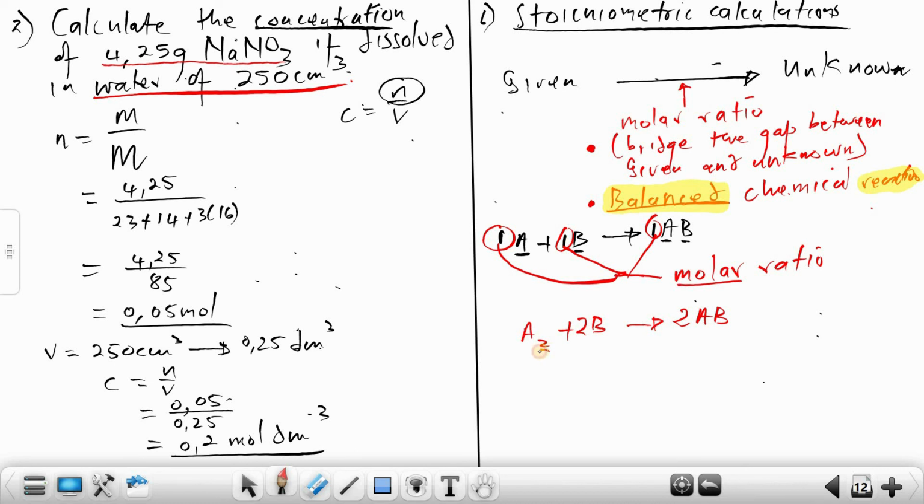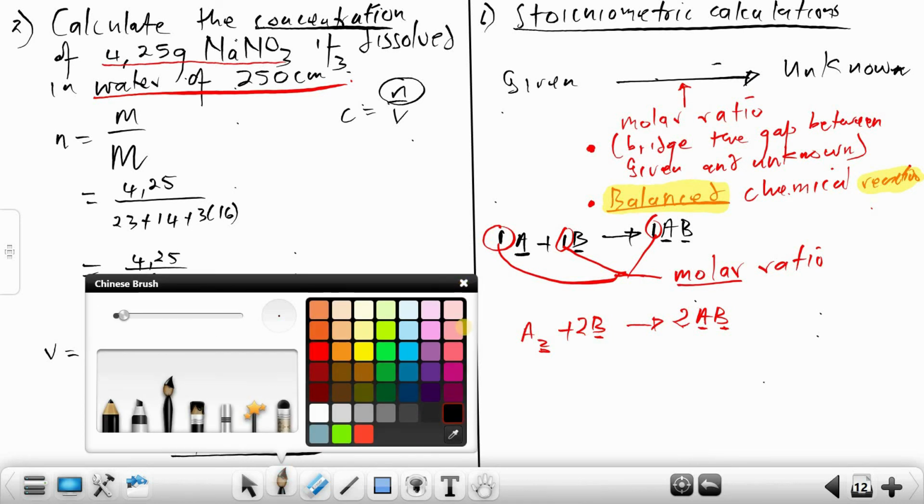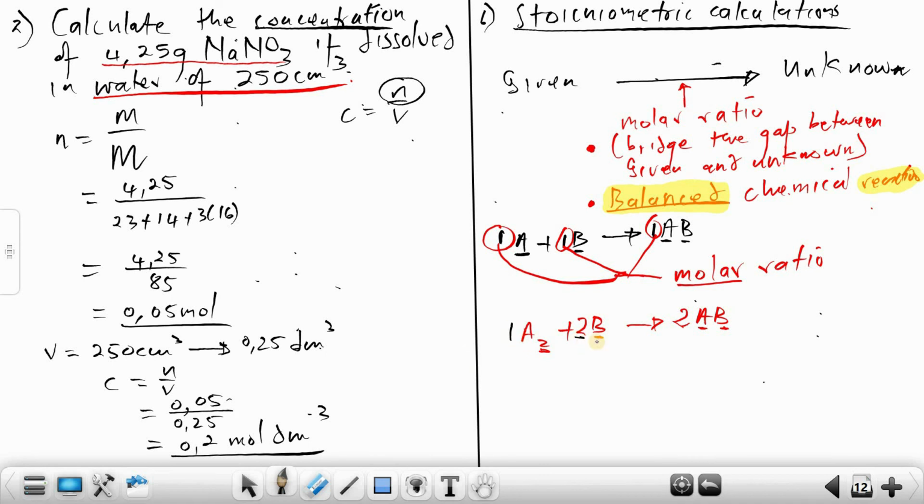Because I want to have 2 atoms of A. 2 multiplied by 1 will be 2 atoms of A, and 2 multiplied by 1 of B will be 2. So my molar ratio now changes to 1, 2, 2. But still, because these are my coefficients, this becomes my molar ratio. So I need to fully understand where I am getting my molar ratio.